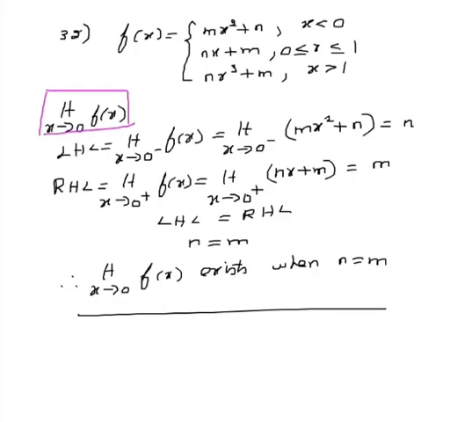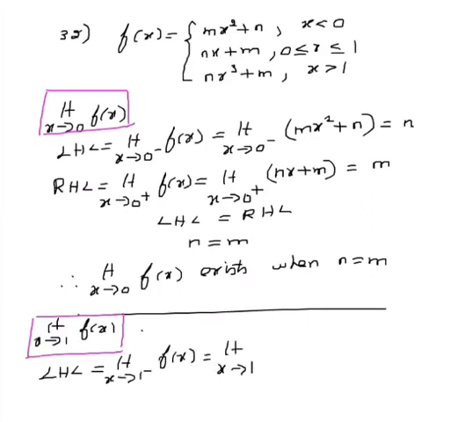Now let us check for limit x tends to 1 of f of x. At 1 also we have two different definitions, for less than or equal to 1 and greater than 1. So we need to do LHL, RHL. LHL is equal to limit x tends to 1 minus f of x. We have to use the less than or equal to 1 definition, which is the second one, nx plus m. Polynomial, directly substitute the limit value 1. So it becomes n into 1 plus m.